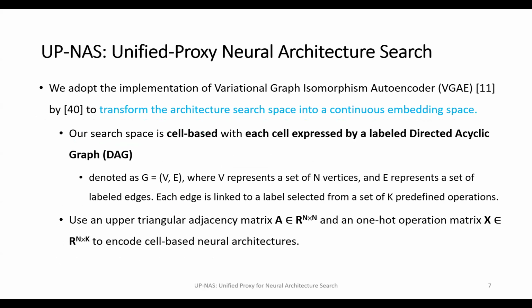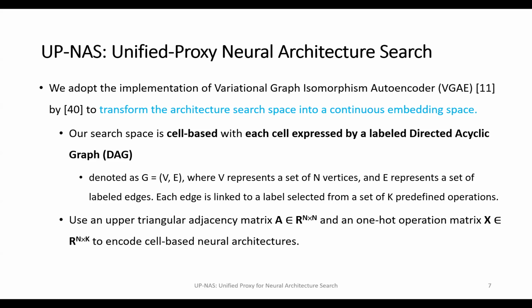For the architecture-to-vector part, we adopt the implementation of the VGAE approach. This approach can transform the architecture search space into a continuous embedding space. However, currently this method is only operable for cell-based approaches, so our approach is also cell-based.